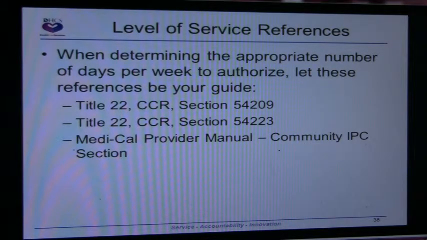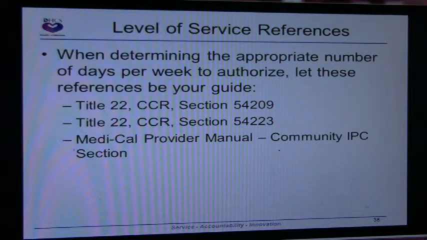So again, some references for you, some guidance for you in making these decisions. There's nothing strictly formulaic about any of this, and the plans, I understand that many of you have policies and procedures that help you structure how you look at these things, but these are the guiding points that you need to know.